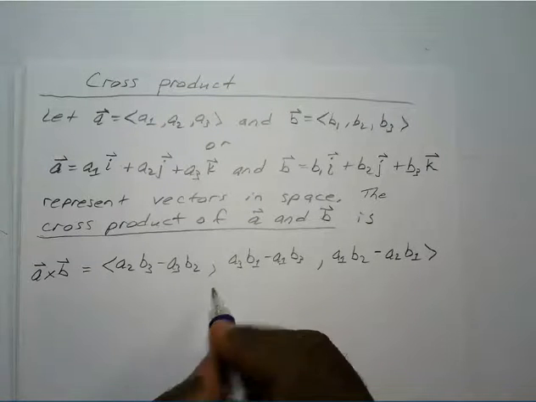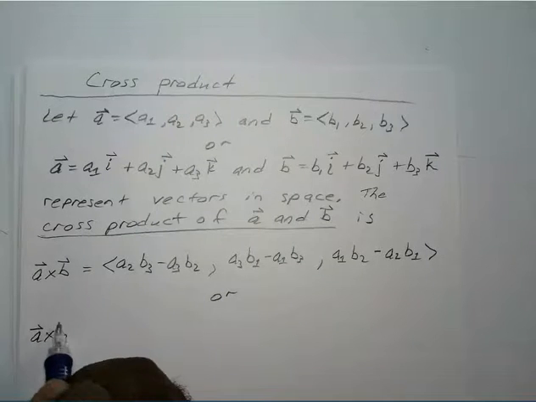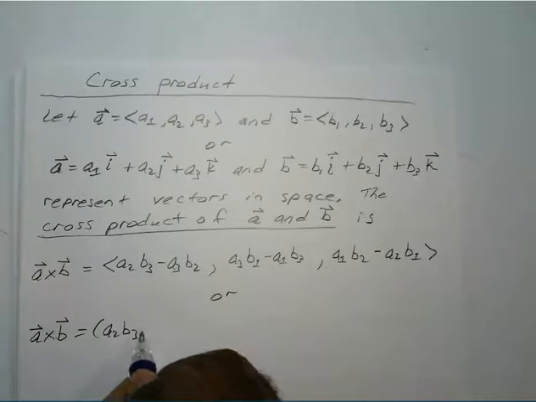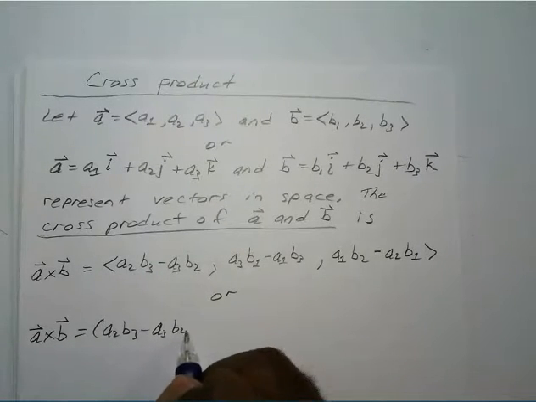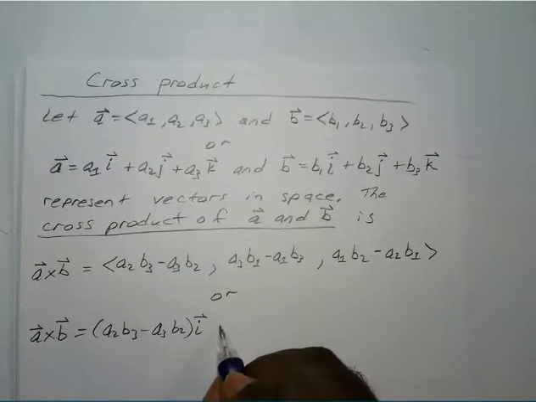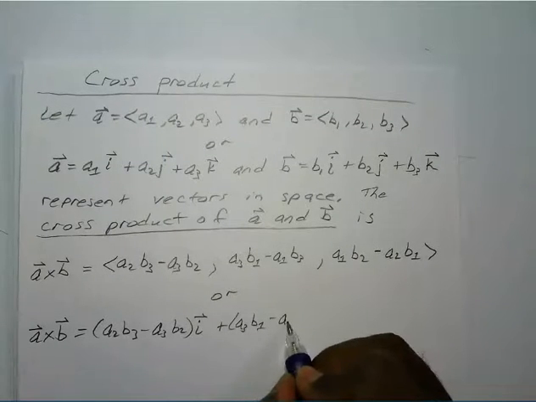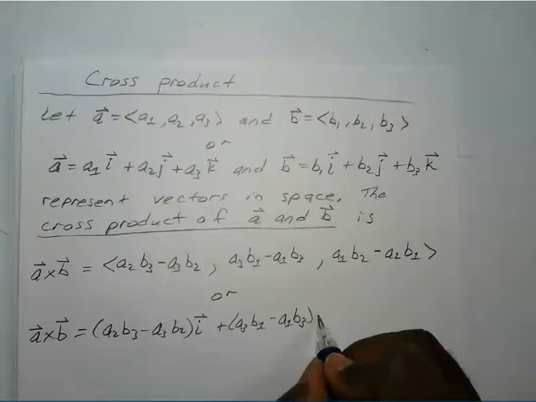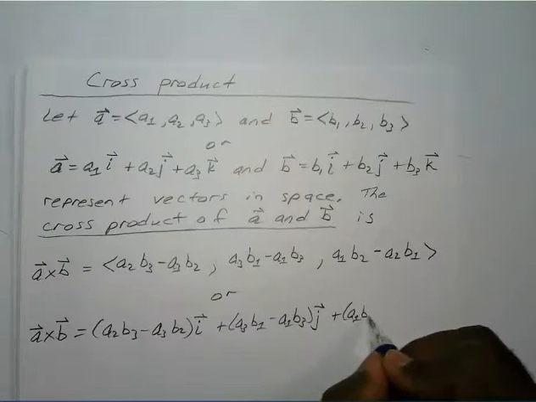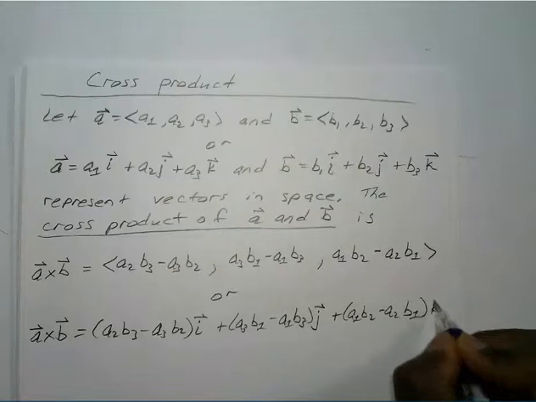Or if we wanted to write that as a linear combination, we can say our cross product of A and B is equal to (A2B3 minus A3B2) times the i unit vector plus (A3B1 minus A1B3) times the j unit vector plus (A1B2 minus A2B1) times the k unit vector.